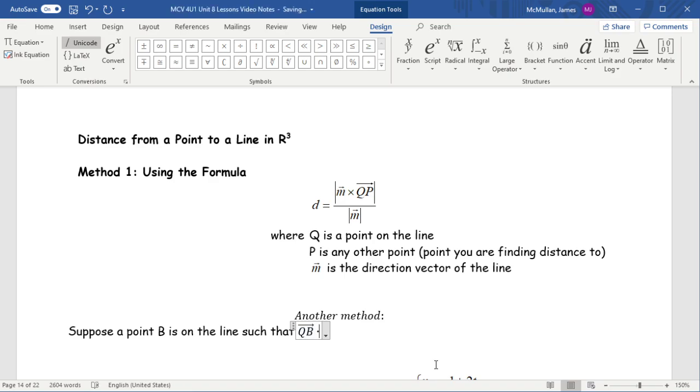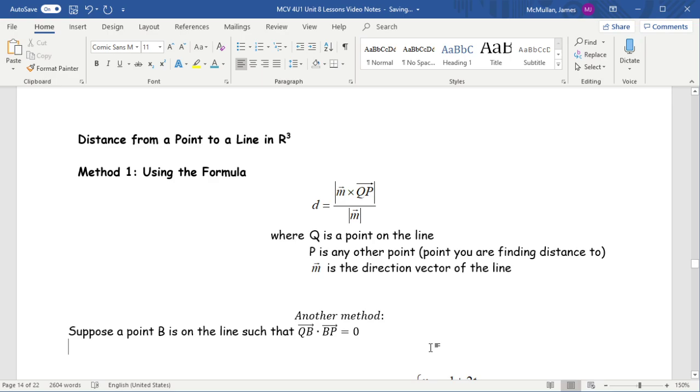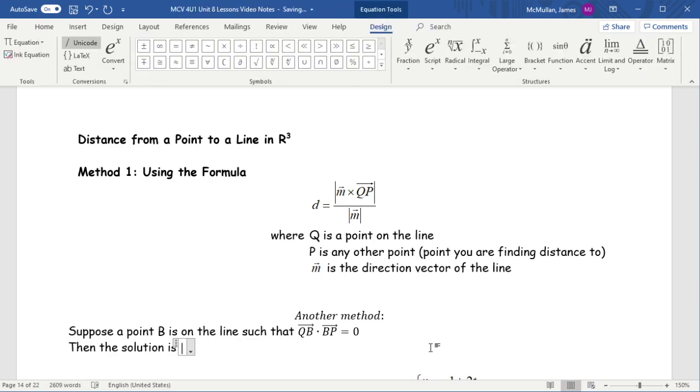So Q is the point on the line, and then P is the other point. Point Q is the point on the line, so QB dot BP, I'm sorry, it would be 0. If you can solve that equation, then the solution is the magnitude of BP.